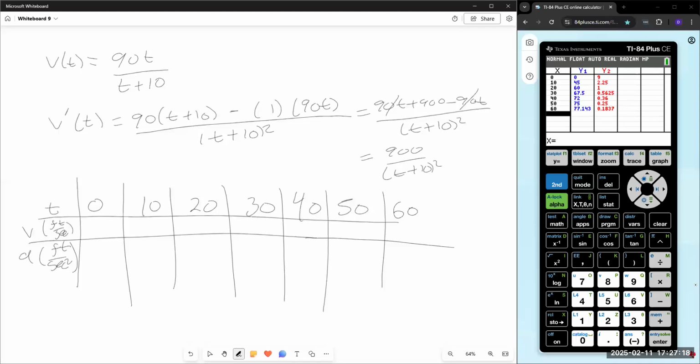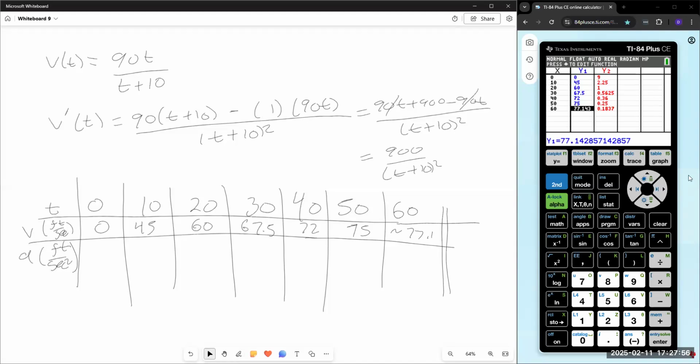So start off with 0 for v, then 45, then 60, then 67.5, then 72, then 75, and then round that to 77.1 for when t is 60.